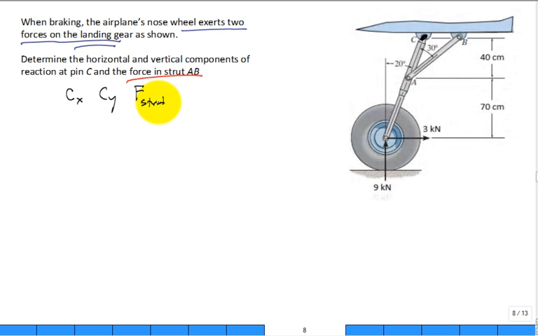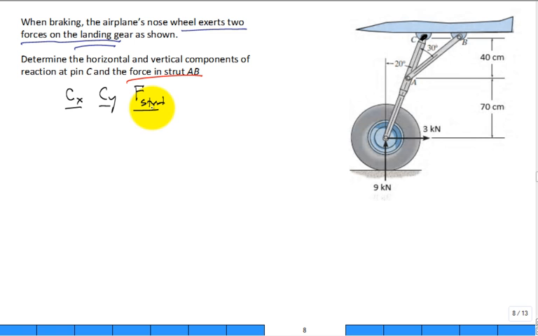All right. Well, to solve for these three unknowns, I have to get a free body diagram. And what is my choice for the analysis? I see there's two contenders for this problem.